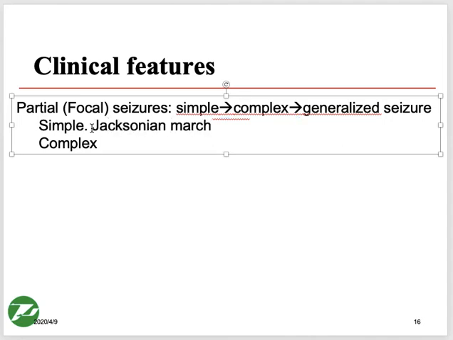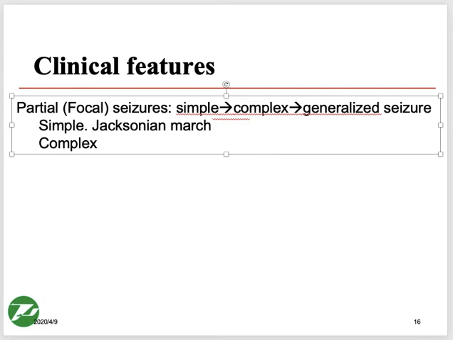So simple focal seizure can be motor, can be sensory. And for sensory, for example, the person will have some altered vision, altered smell, altered touch sensations, anything like this.